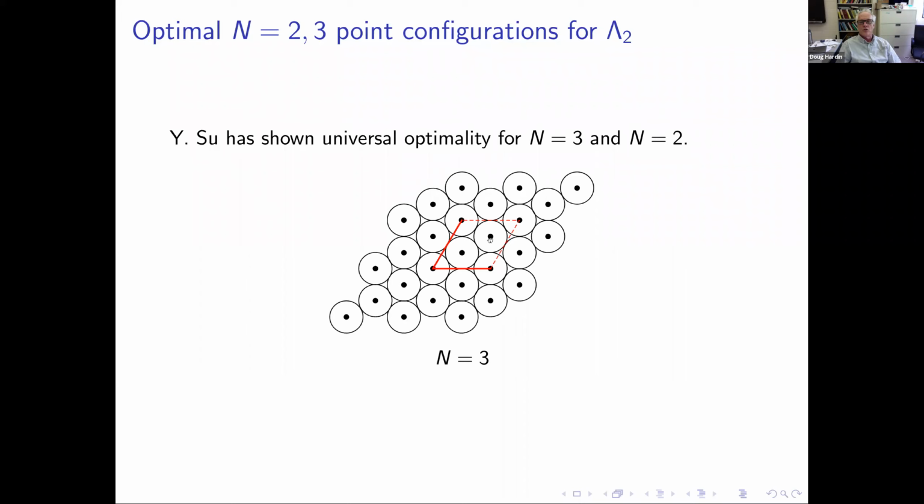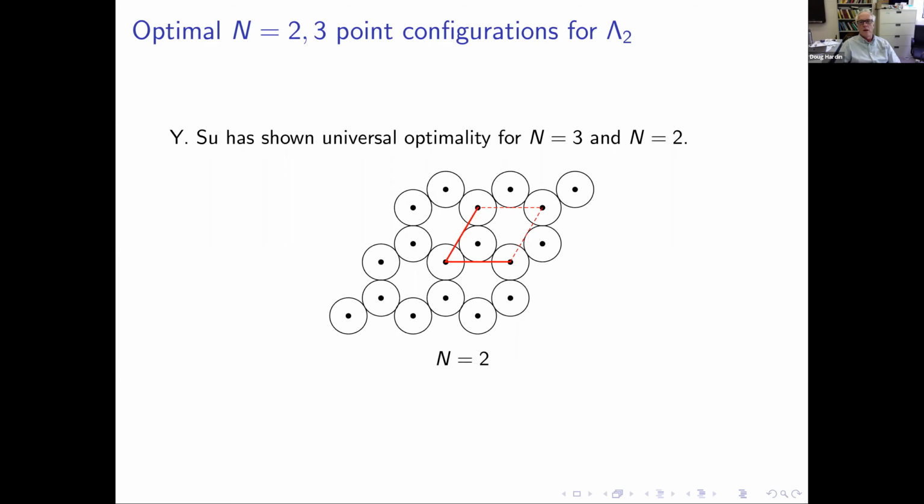And Eugen established that this is the optimal 3-point lambda 2 periodic configuration. So it's optimal for any theta function. And it's a bit careful analysis of the theta functions and where they have their minimum for this lattice. And in fact, if you remove one of those, you get this honeycomb structure.